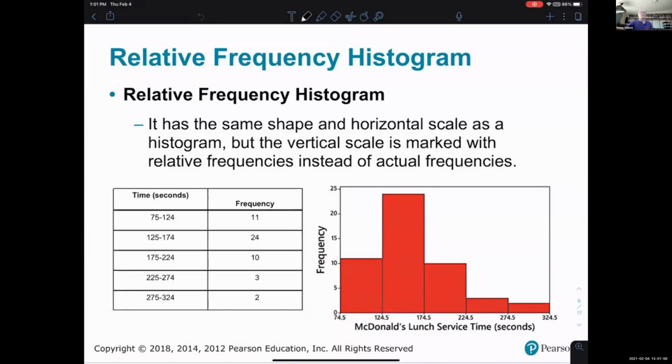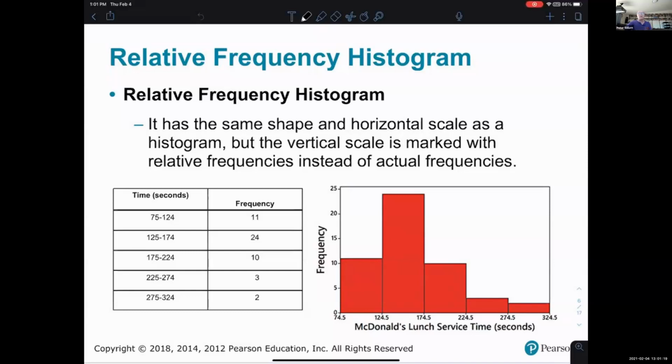But what that means is that of the 50 data values they collected, 11 of them were in the range of 75 to 124 seconds. 24 of them were in this second range, etc. And so if you look at the graph, it's showing you the exact same thing.